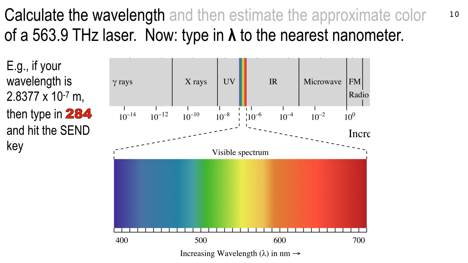Yeah, the correct answer is 532. And again, we got some powers of 10 problems here. And those are the frequency. Yeah, this is no good. That's the frequency, and it's not even right.